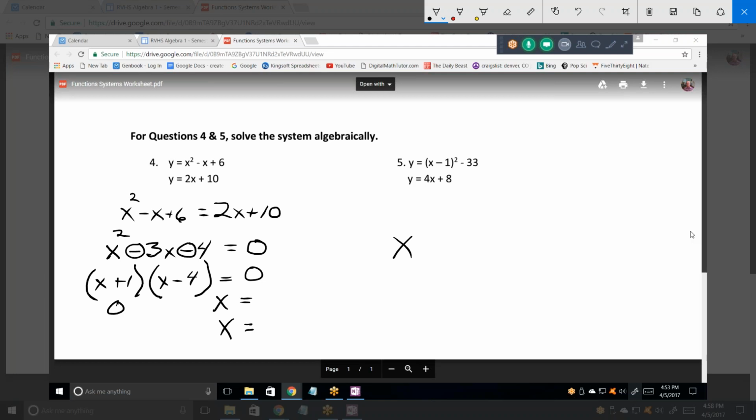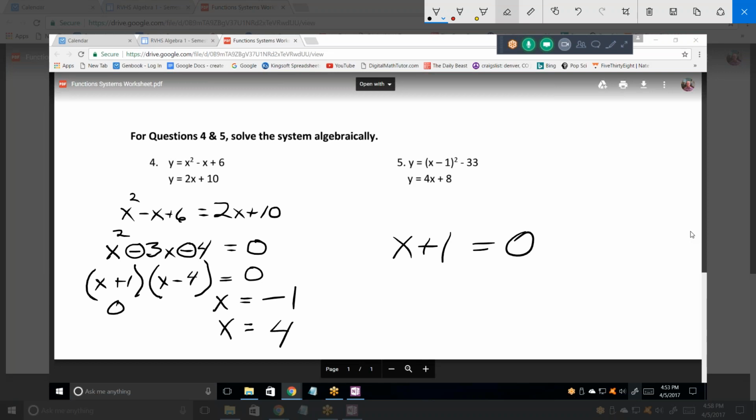You want to go x plus 1 equals 0. Now solve that equation. X plus 1 equals 0. Solve that for x. Minus 1. Okay. That's simple. Now, what's the second x? X, so plus 4. Okay.